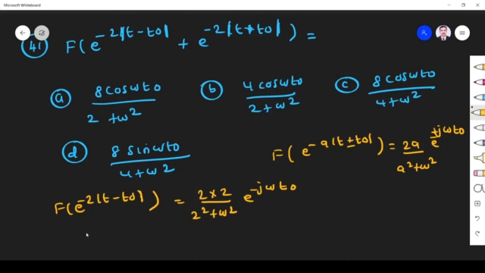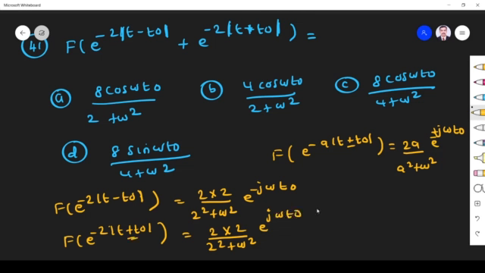Okay. Similarly, the Fourier transform of e power minus 2 mod of t plus t naught is given by 2a divided by a squared plus omega square into e power plus j omega t naught, because it is plus t naught. So we have to add both. That is what we have to find. So this is 1, this is 2. 1 plus 2 will give 4 by 2 squared plus omega square.